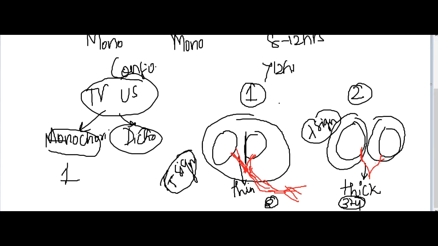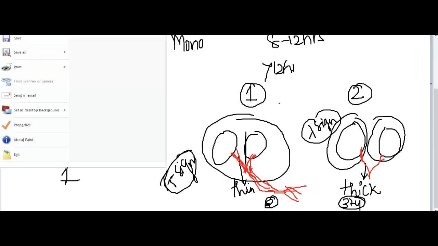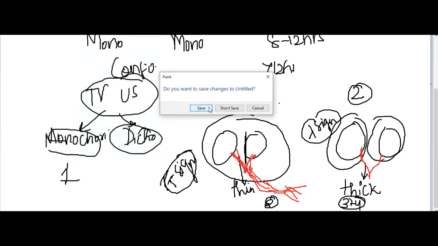Next, symptoms. We will learn about symptoms now. I'll just take a new page. In the symptoms, we have symptoms in the first trimester and second trimester. If you see here, there are two babies in the uterus.